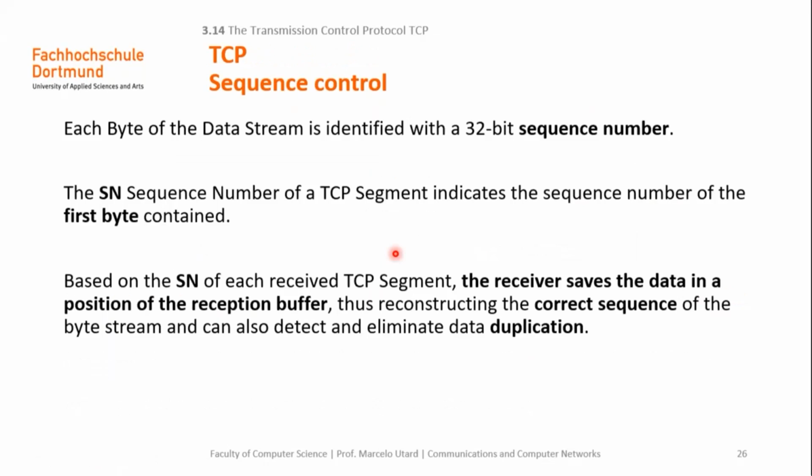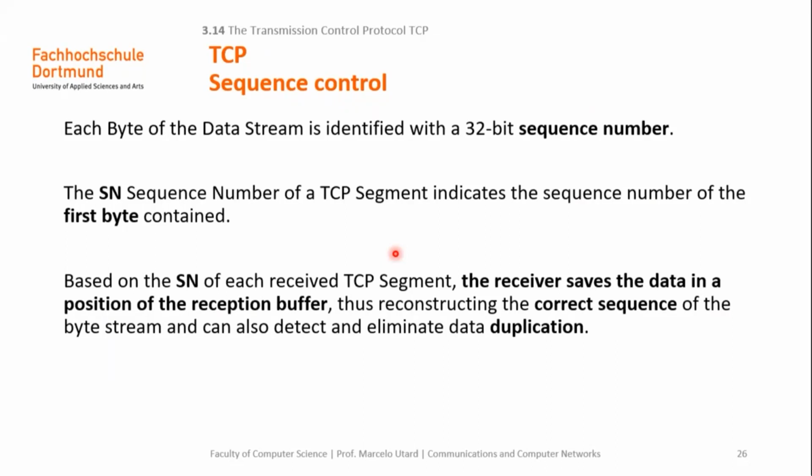Another mechanism or function that is implemented by the TCP protocol is the sequence control. Each byte of the data stream is identified with a 32-bit sequence number. The sequence number, the SN, of a TCP segment indicates the sequence number of the first byte contained. Remember, it's not the sequence number of the segment, it's the sequence number of the first byte contained by the segment.